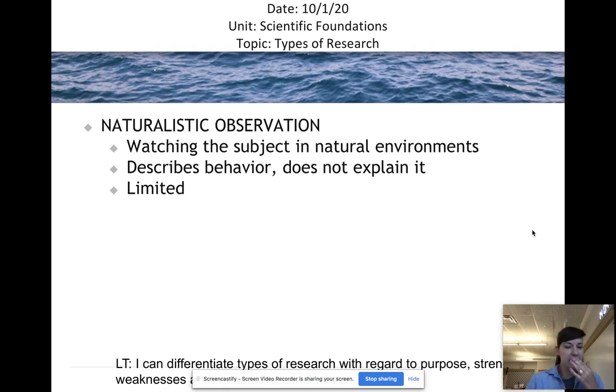And all we're doing is describing the behavior. Naturalistic observation does not explain behavior. It does not try to find causes for behavior. It simply describes what's happening. And this limits it, right? Because we can gather all this data about what's going on, but it's hard for us to figure out why.